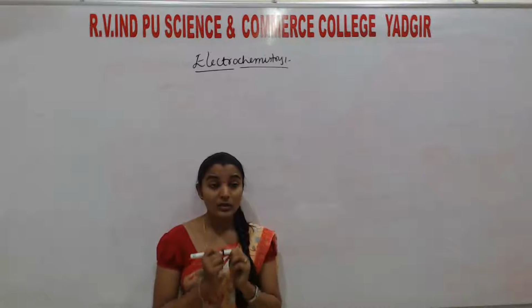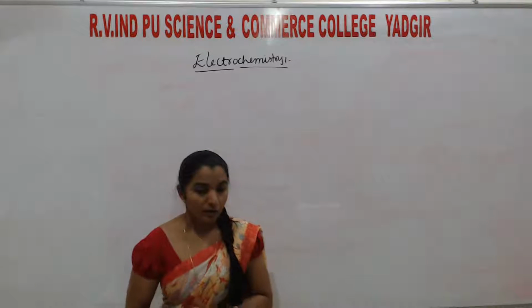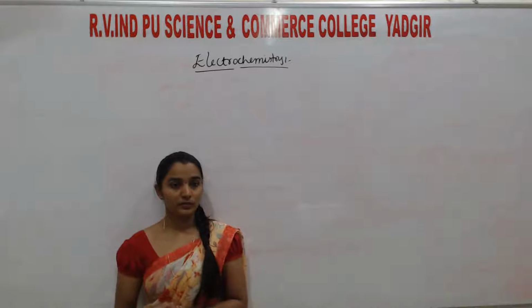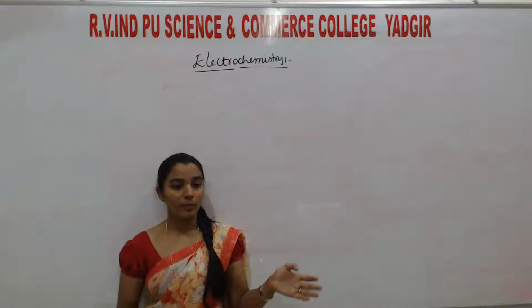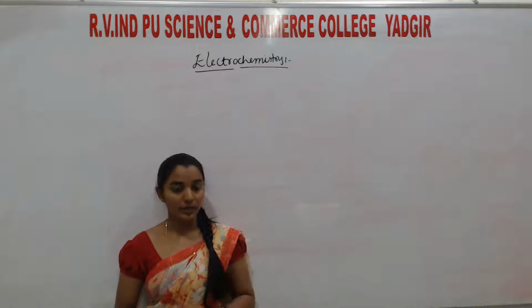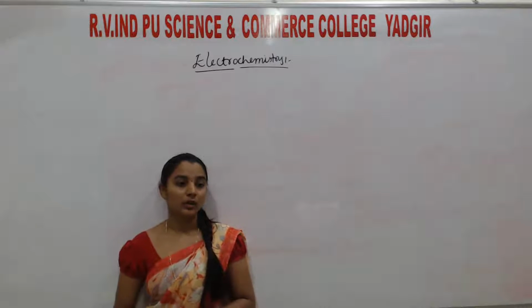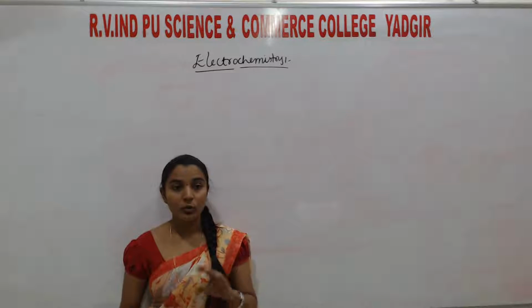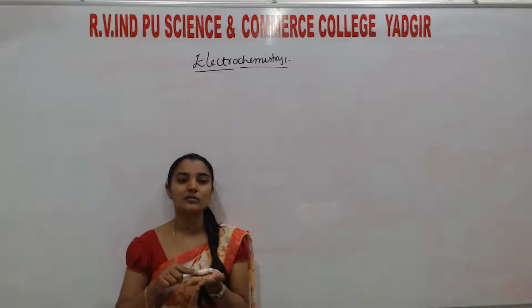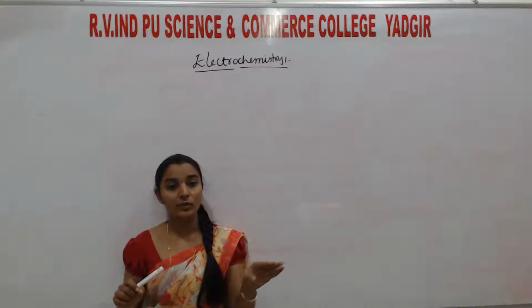What is the need to study electrochemistry? What is the application of electrochemistry? You know that, students, 1 gram gold you often learned. What is that 1 gram gold? For copper or any other metal, a gold layer is plated over the metal. Silver plating, gold plating means exactly on the surface of the metals, gold or silver is deposited.